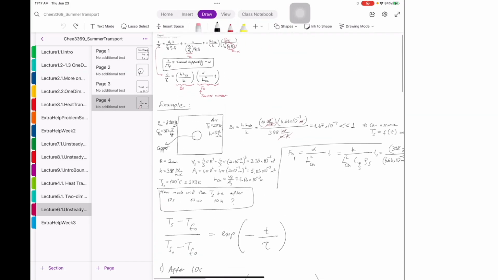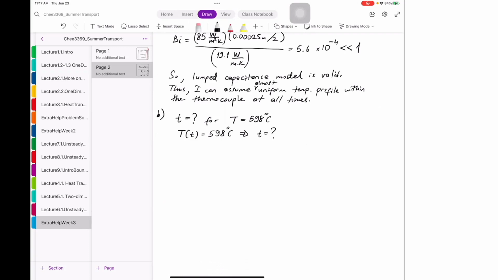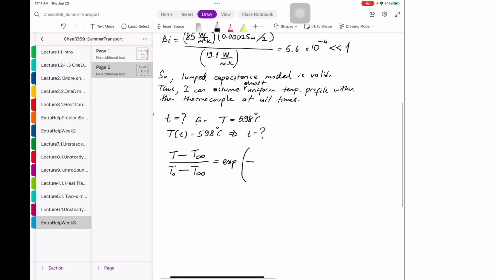Okay, so let's go back. Here, we say T minus T infinity divided by T0 minus T infinity is equal to exponential of minus H times the surface area of the solid, divided by rho Cp V, times t, right?